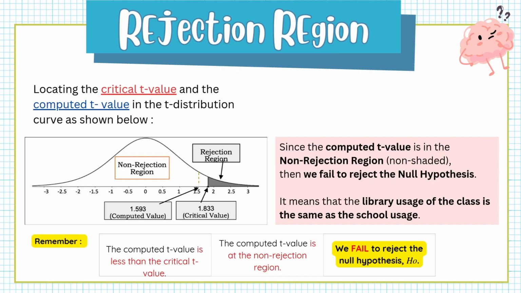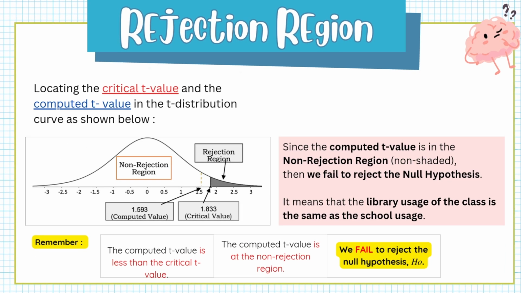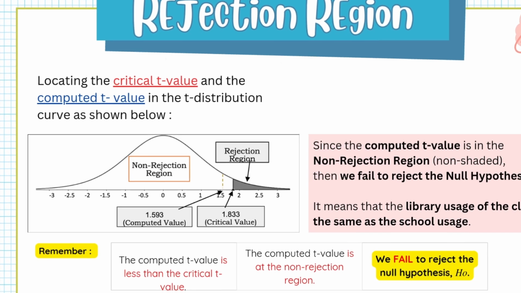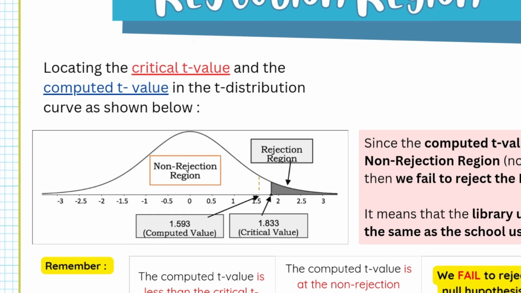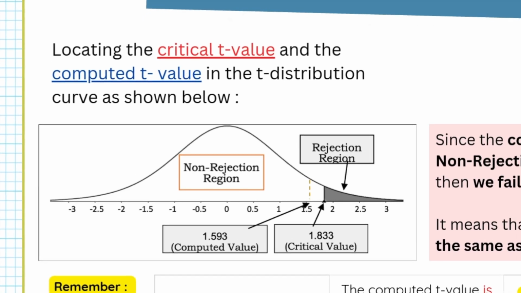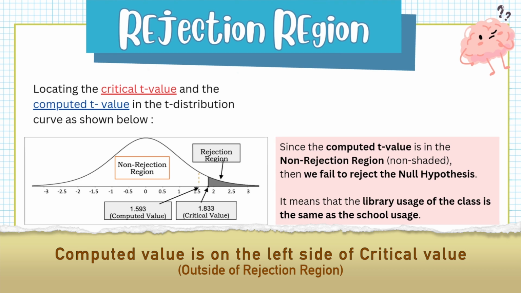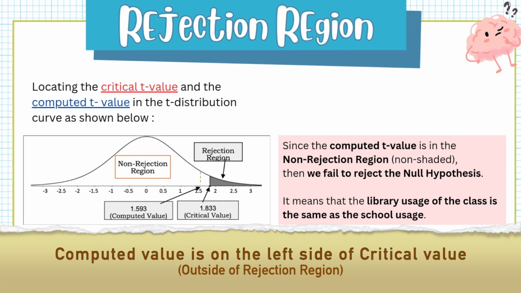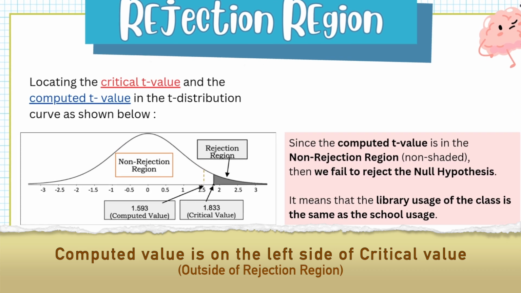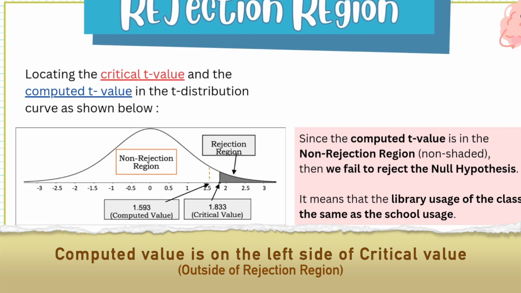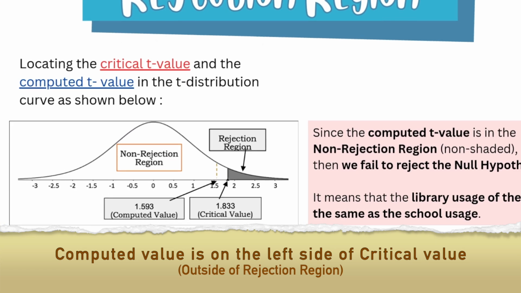The next step is locating the critical t-value and the computed t-value in the t-distribution curve as shown below. So this is our critical value, 1.833, and shade it.